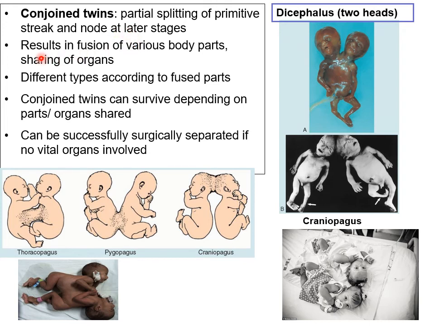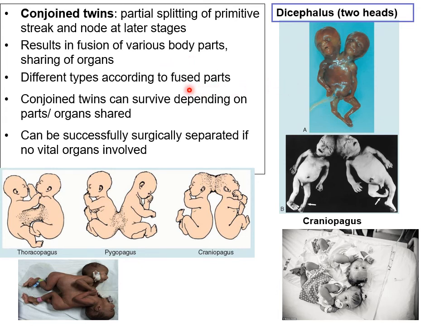This results in, now remember, the primitive streak develops in the epiblast and gives rise to all the other tissues, right? So if that has not split properly, only partial splitting, then it can result in fusion of various body parts or organs and sharing of organs between twins.